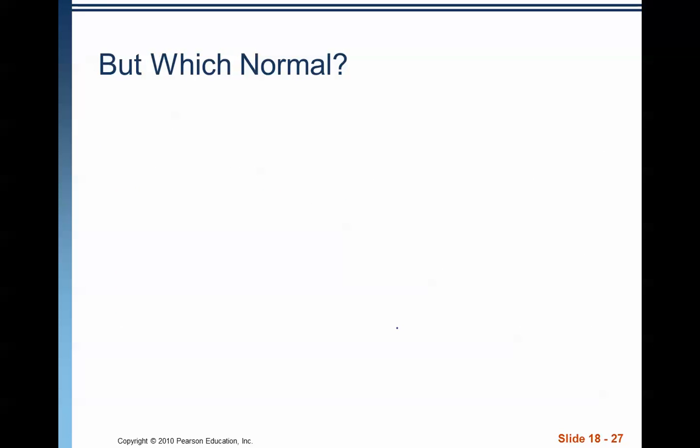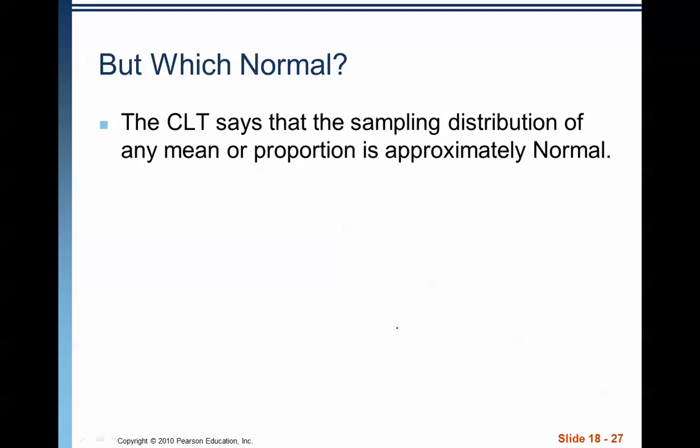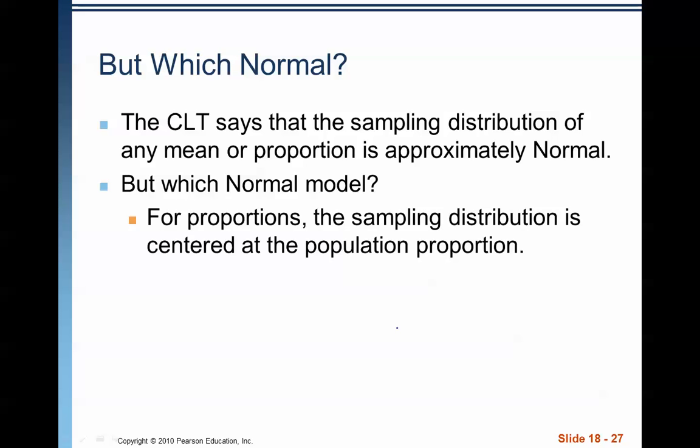Like I said earlier, they're both normal models, the categorical data and the quantitative data, but which normal are we talking about? The distribution of any mean or proportion is approximately normal, but they have different models.